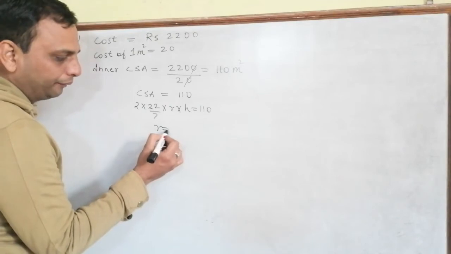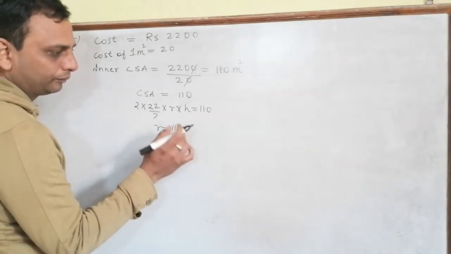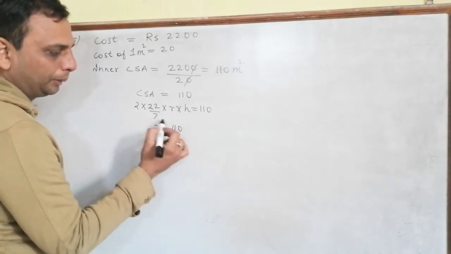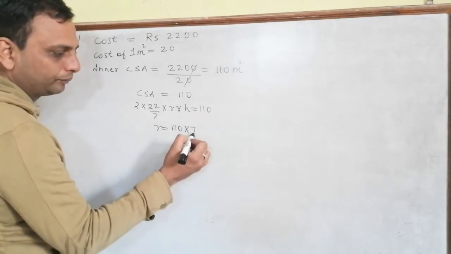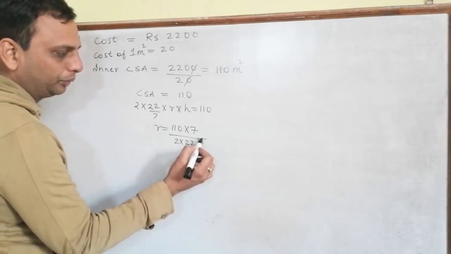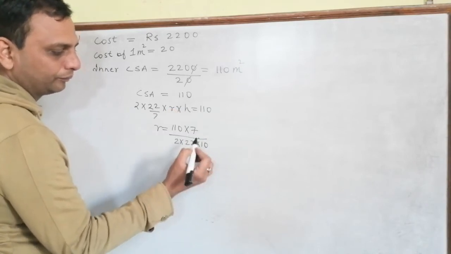So the radius will be 110 multiplied with 7 divided by 2 into 22 multiply h value 10.